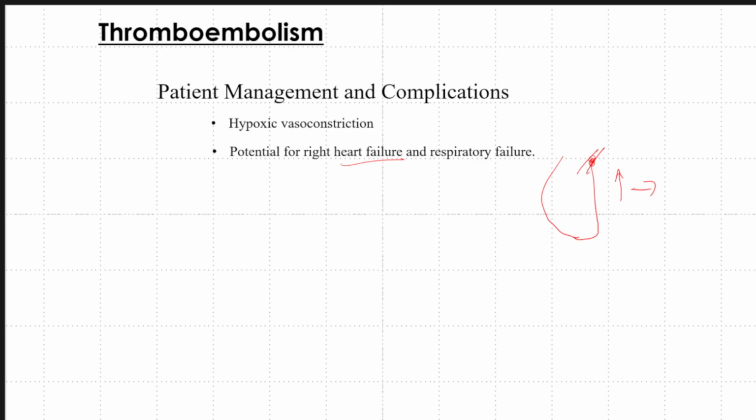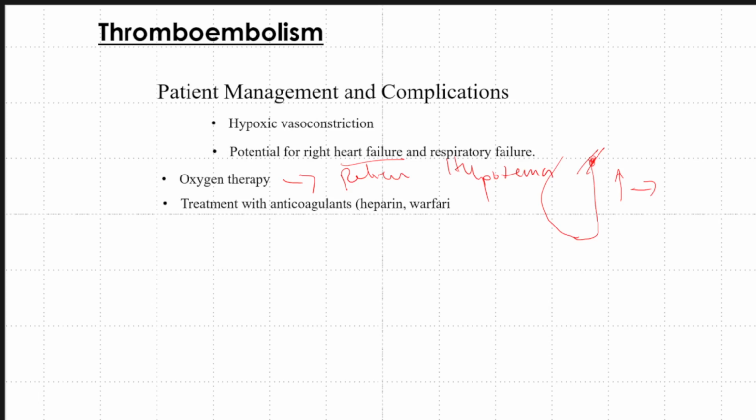Okay? So ano pa? Oxygen therapy is indicated as a management for your thromboembolism. Bakit? Anong goal nito? It is to relieve hypoxemia. And finally, yung minention natin kanina, it is to treat with your anticoagulants, heparin, warfarin, or thrombolytic agents, your alteplase, your reteplase, yung ganun, yung minention natin kanina.